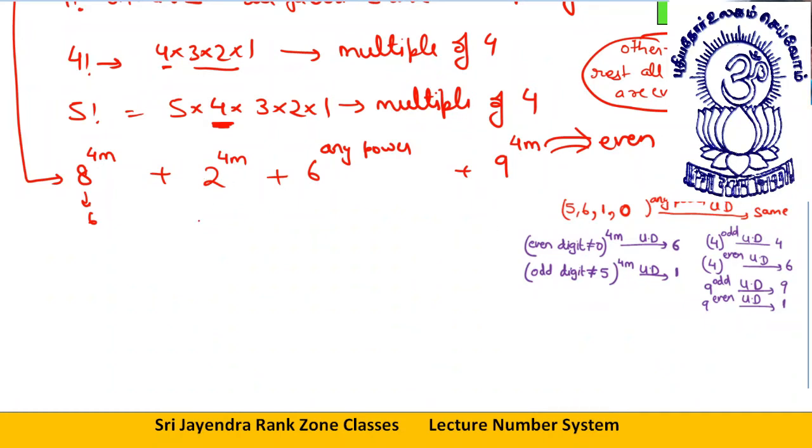Again, even digit raised to power 4 will give me unit digit 6. 6 raised to any power will give you the same 6. 9 raised to power odd will give me 9, raised to power even will give me a 1. So what do you get as answer? Your answer is 1 plus 9, or unit digit is 9. I'm sure it must be clear to all of you. Okay, let's move to the next question.